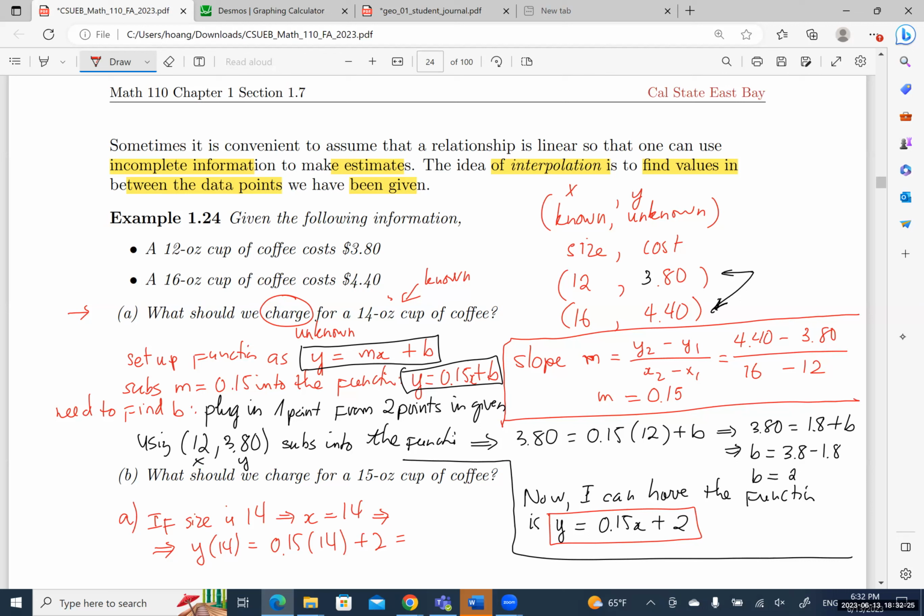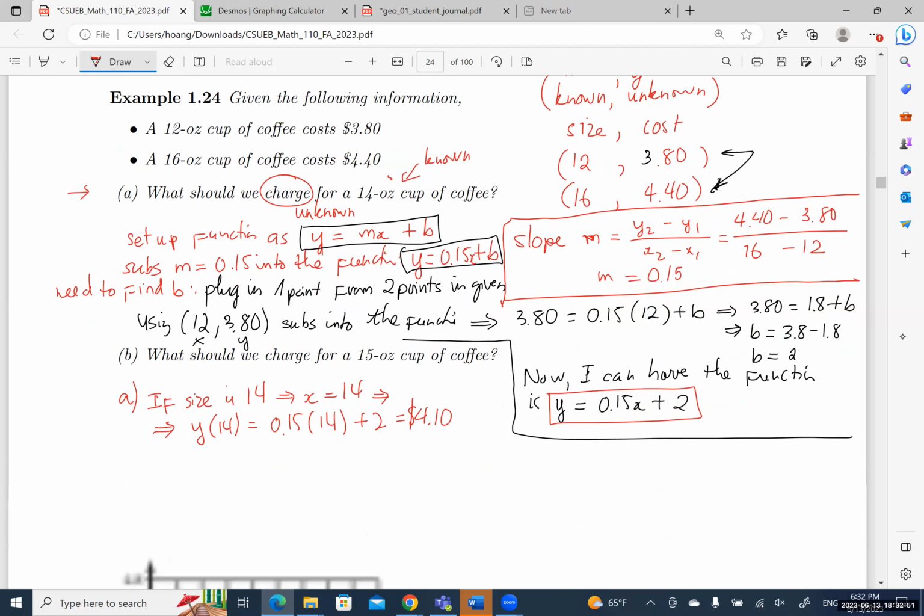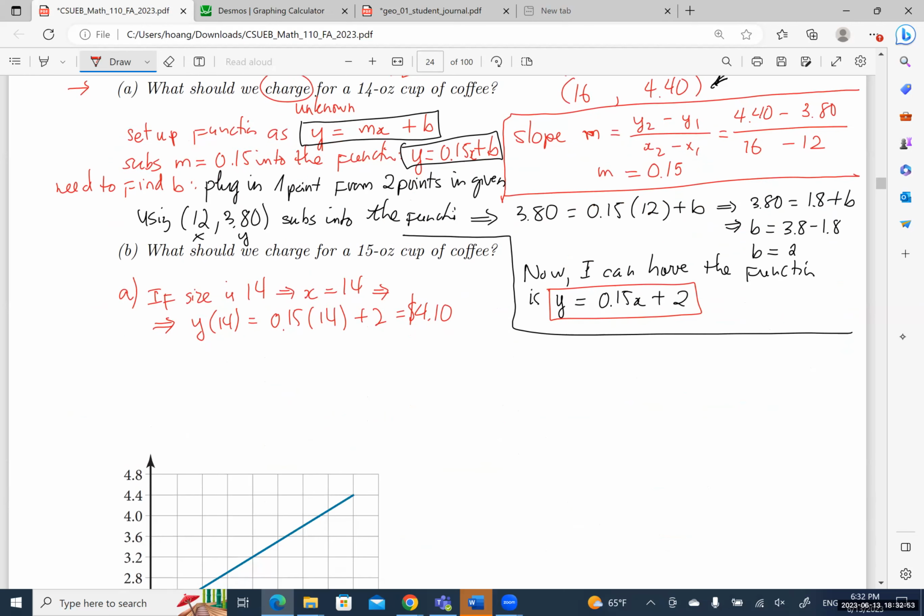Yes, and thus you get 4.10. In my problem, that is the cost.